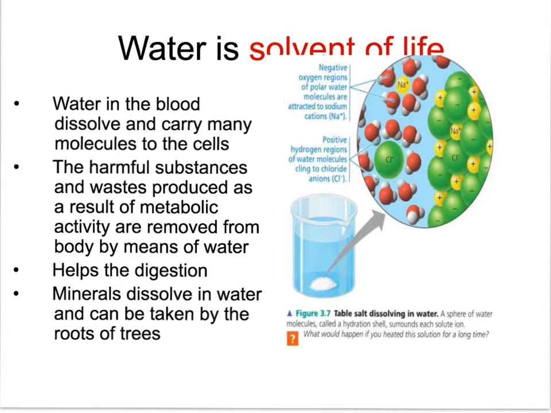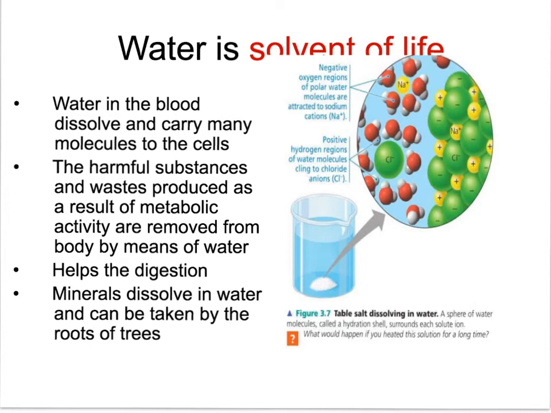Water is a good solvent because of these partial charges. For example, if the molecule has a charge, like sodium chloride, salt, the positive ion, like sodium, is surrounded by the negative side of the water, the oxygens.